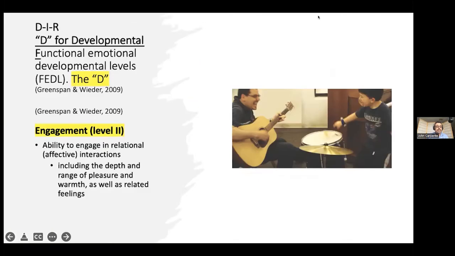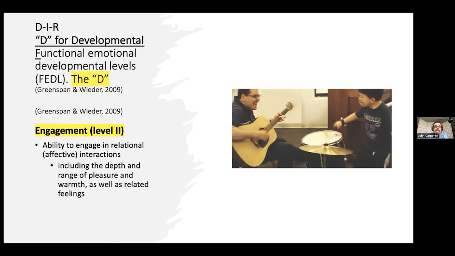Level 2, sorry, let me fix my screen. Level 2, engagement. This is the client's ability to engage in relational interactions in an emotionally connected way. And so what we're looking for here is that ability to do so, but also looking, can they do this within a range of emotional experiences?